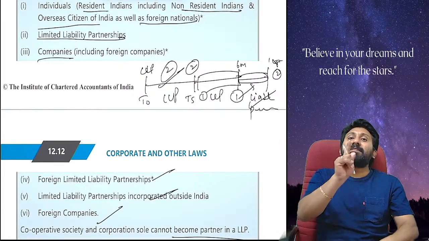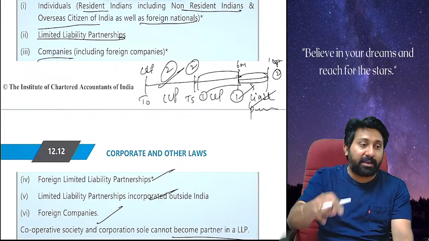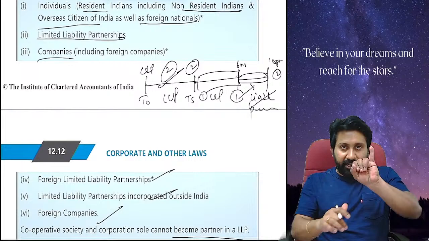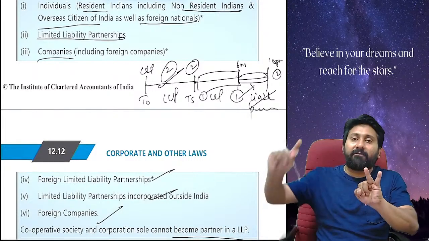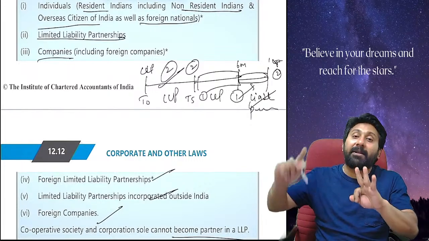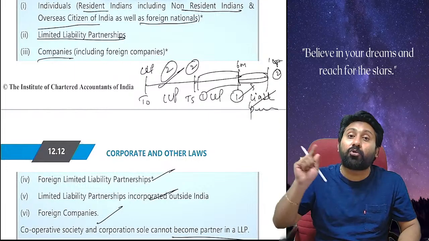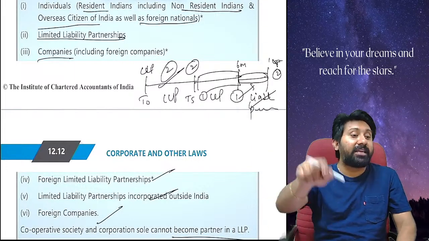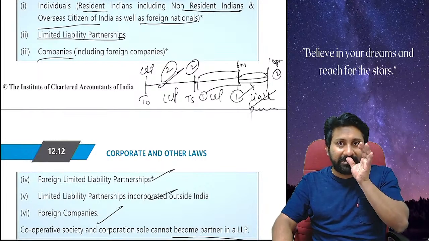That means every time the liability of LLP is the liability of LLP because of separate legal existence. However, in one single case, the liability of LLP will become the liability of one partner, in which case there should be two partners, but there is only one partner. One of the partners vacated, there is only a single partner for a period of 6 months. Even after a period of 6 months, if you still continue to do the business knowingly about the exit of a partner, then that one partner will become personally liable.